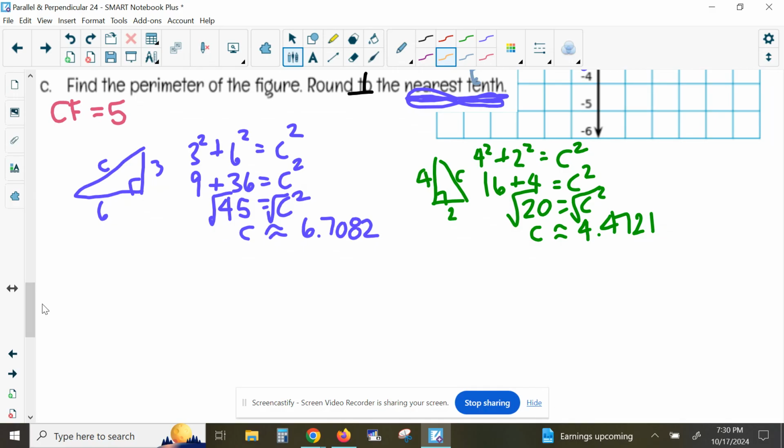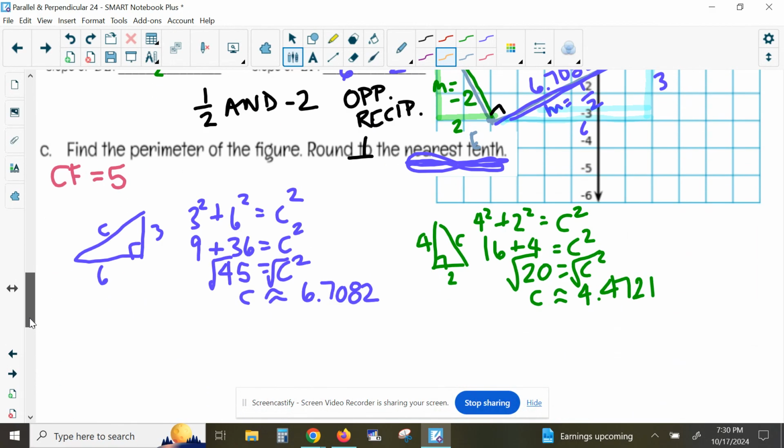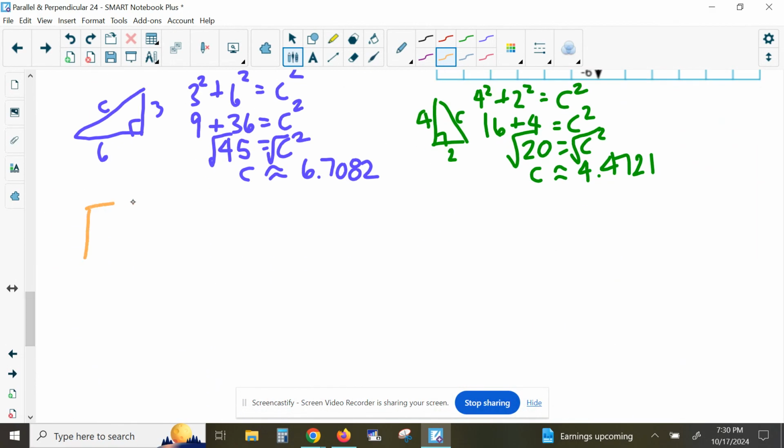So that triangle up at the top, I can't draw it without looking at it. It looks like this. So I've got an 8 and a 4. So 8 squared plus 4 squared equals c squared.